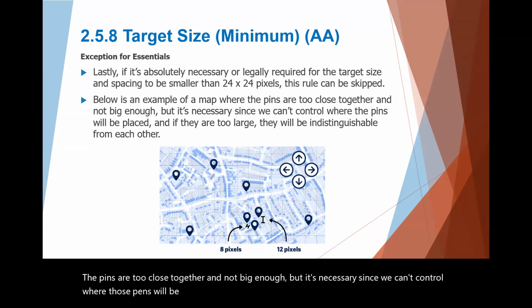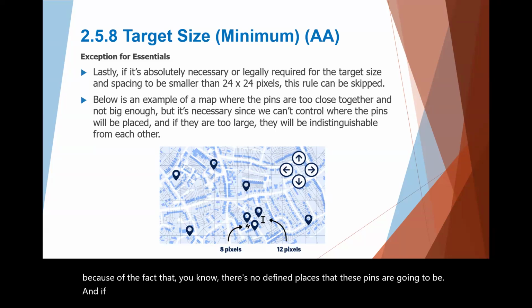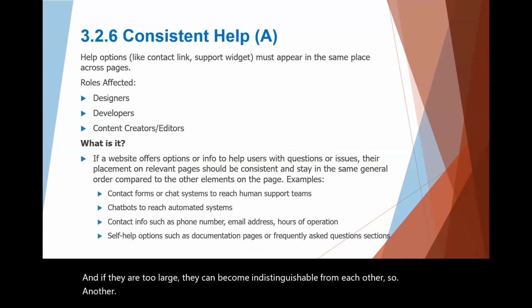Because of that, it becomes an exception to the rule, since there are no defined places that these pins are going to be. And if they are too large, they can become indistinguishable from each other. So, another exception.